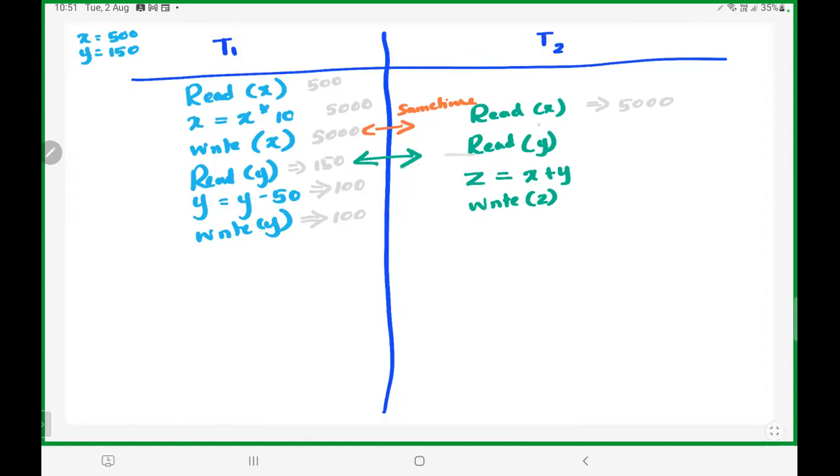It has not changed yet, since they read at the same time. So it will be 150. Then they will add this in, 5,150, and they will write it as 5,050.